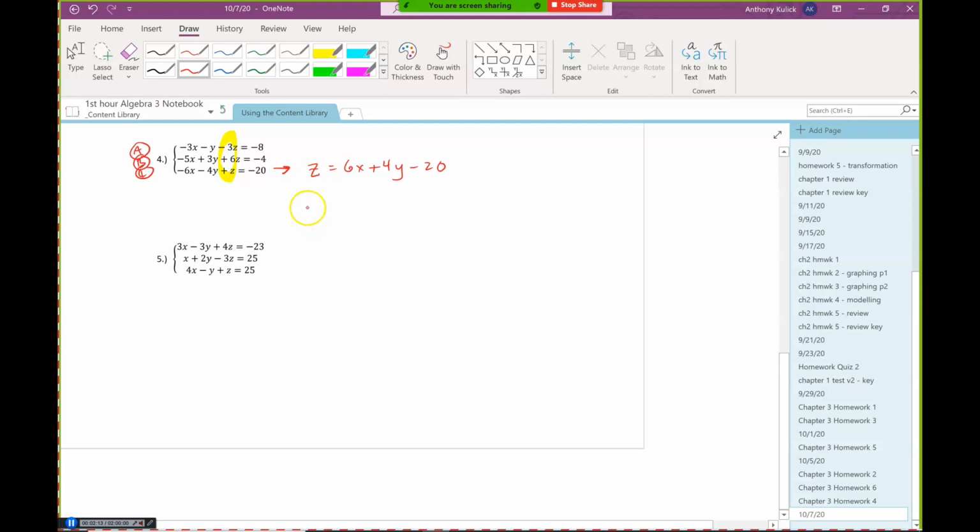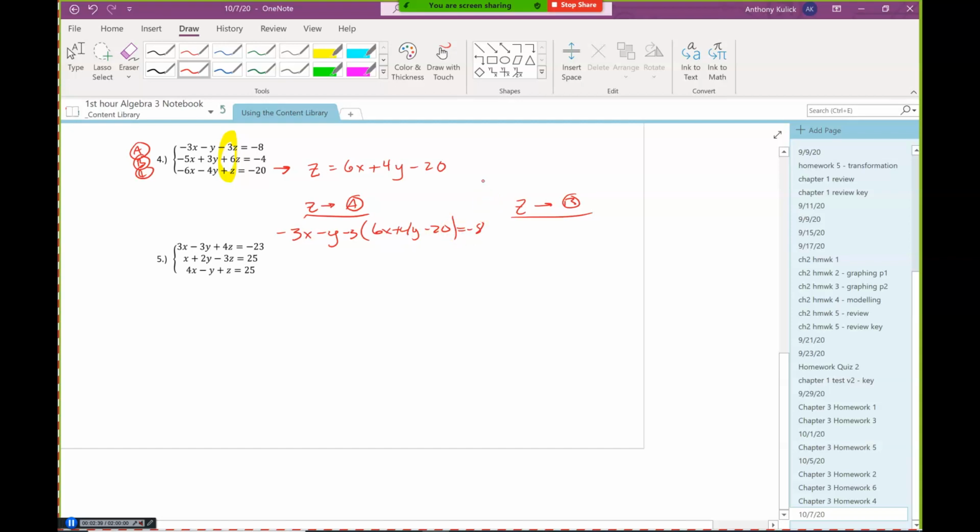So now I'm going to take this value for Z and plug it into equation A and plug it into equation B. So I have -3x minus y minus 3, but instead of Z, I'm going to write 6x plus 4y minus 20.